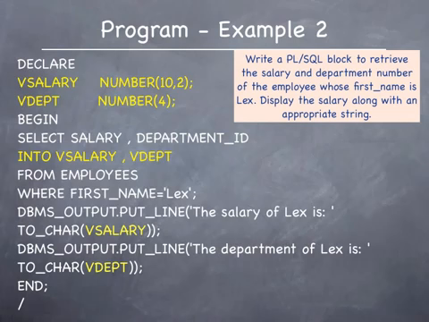In the body of the program is the select statement, which is select salary, department ID into vSalary, vDEPT from employees where first name equals Lex. This is then followed by two DBMS output line statements that display the salary and the department ID values with appropriate strings.